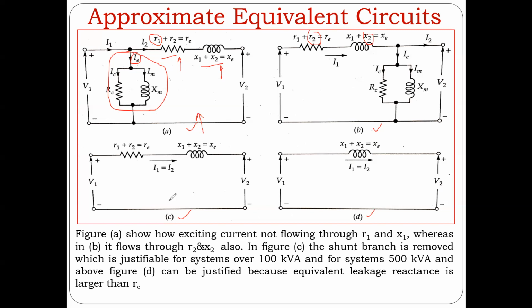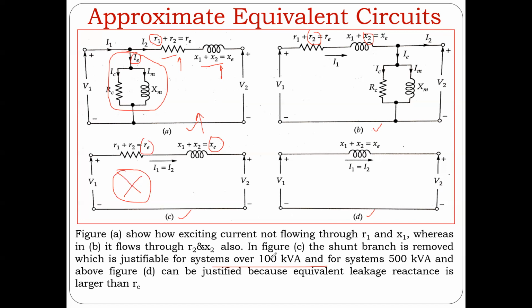You can actually remove the entire shunt branch if your systems are more than 100 kVA, because in that case this equivalent reactance becomes quite high.